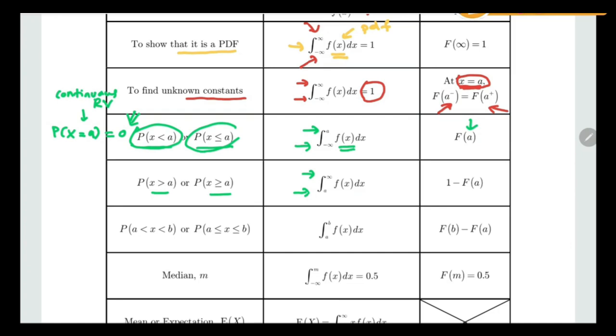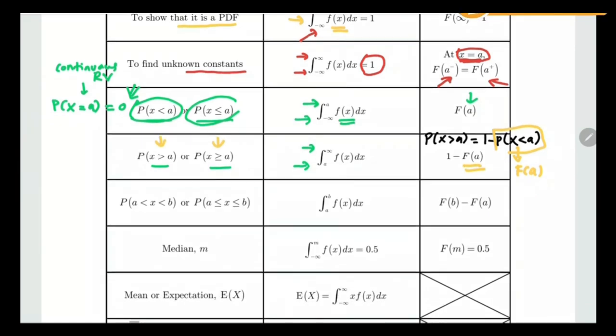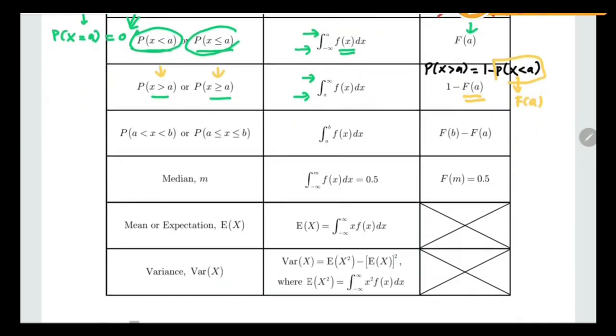If the question asks for X greater than a, it equals 1 minus P(X less than a). P(X less than a) equals F(a). That's why for the greater-than sign, it should be 1 minus F(a).